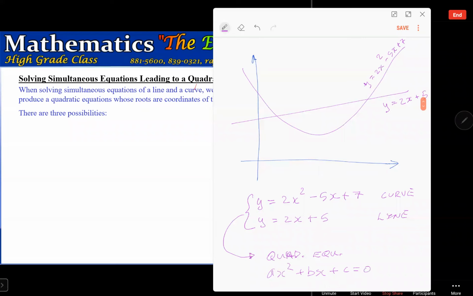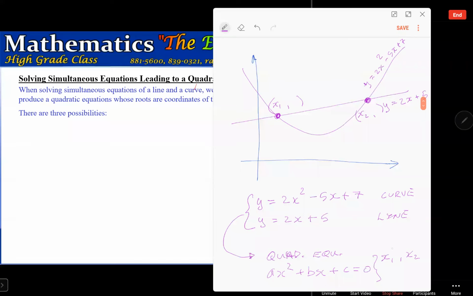And what do you know about solving a quadratic equation? It gives you two x values. Now, one of the x values is going to be for this point, and the other x value is going to be for this point. You're going to get two x values, like x1 and x2. And after you get those two x values, x1 for one point and x2 for the other point, you also need to know the two y values.